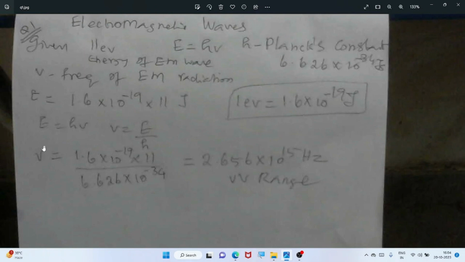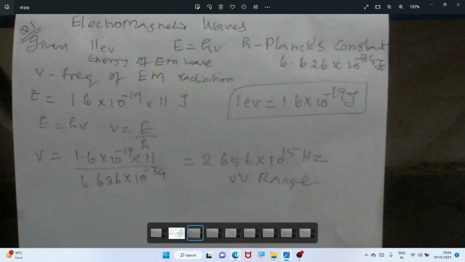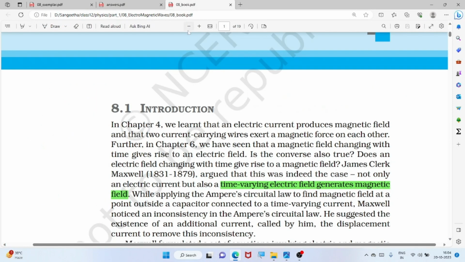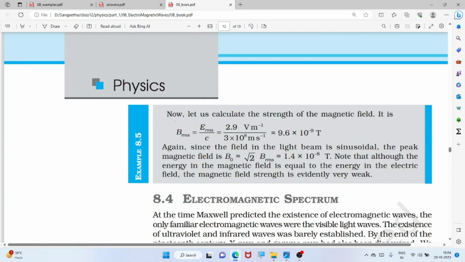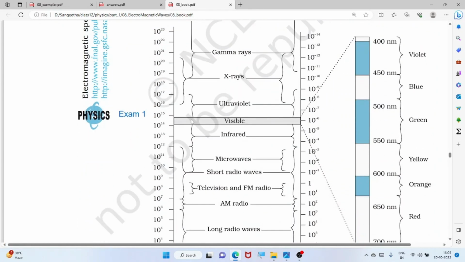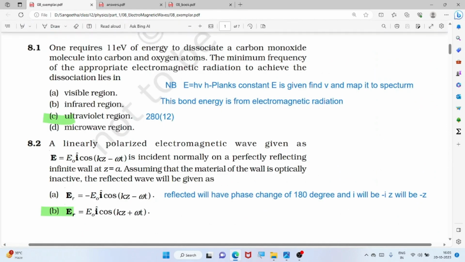Then we find the frequency, and this frequency is in the UV region. This falls here, in this ultraviolet region. That is why the ultraviolet region is chosen.